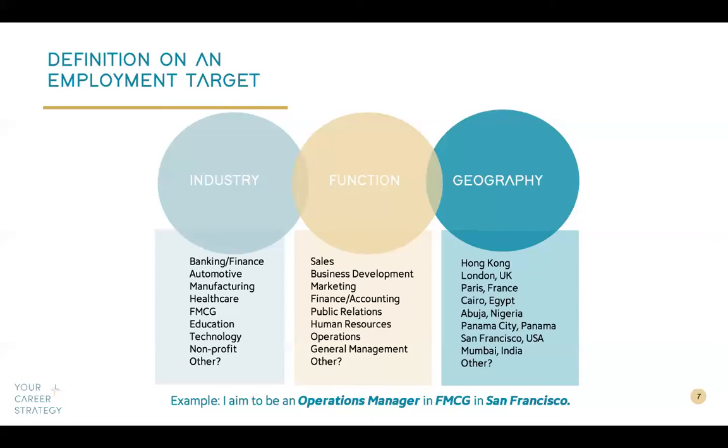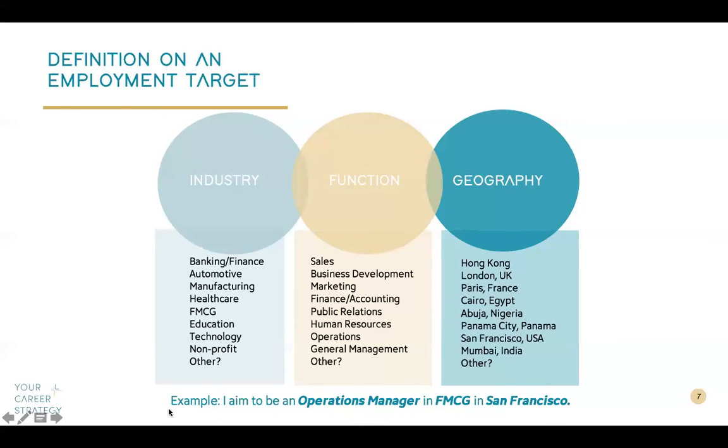But here's the challenge with saying I want to target management consulting: management consulting is both an industry and a function. Same goes for marketing. Marketing is an industry, the agencies and the digital marketing freelancers and all of that.